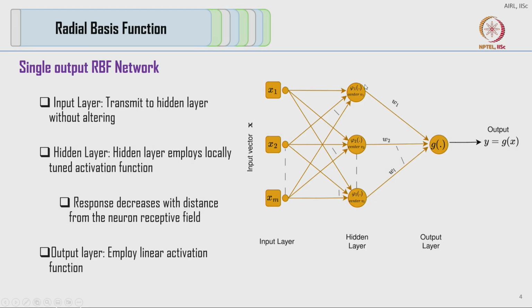The weights connecting the hidden layer to the output layer are W, and you have a special activation function which is locally tuned. There are two parameters in the activation function: one is the center, the other is the variance. We will talk more about it in the subsequent slide. The hidden layer employs a locally tuned activation function. What does it mean? The response decreases with the distance from the neuron's receptive field.